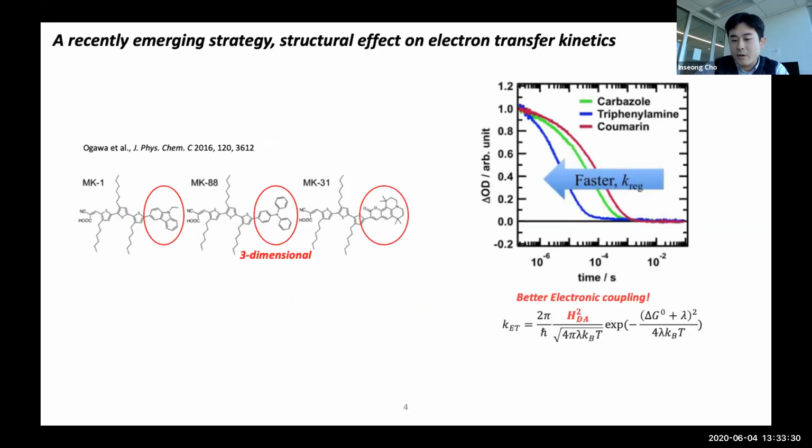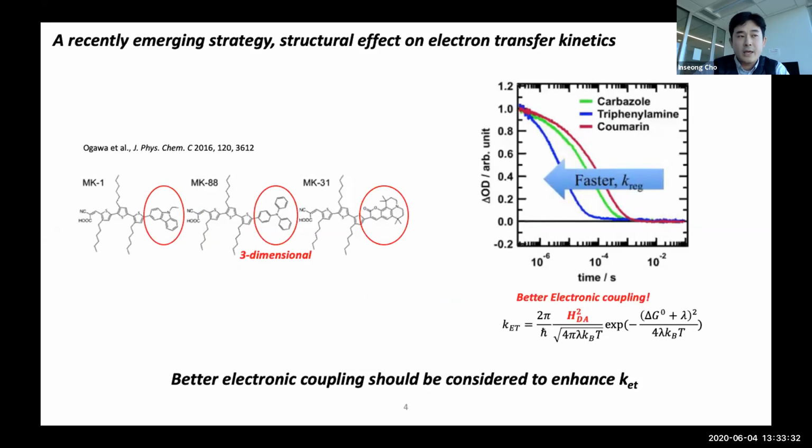This is because of the better electronic coupling. So this work suggested that we can enhance electron transfer rate without increasing the driving force, or with a very minimum increase in the driving force. Structural factors can also critically affect the electron transfer rate by changing the electronic coupling.